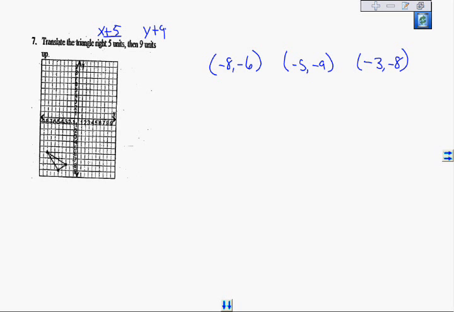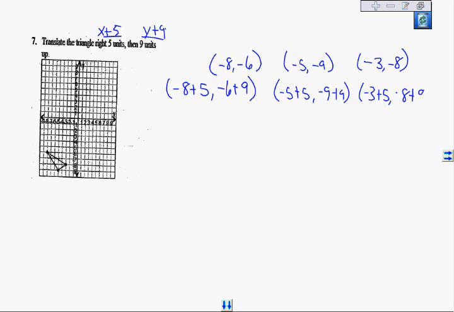All your x's are going to add 5, so take all the x's and add 5. Then all your y's, add 9. So add 9 to all the y's. And now you can find your new coordinates.